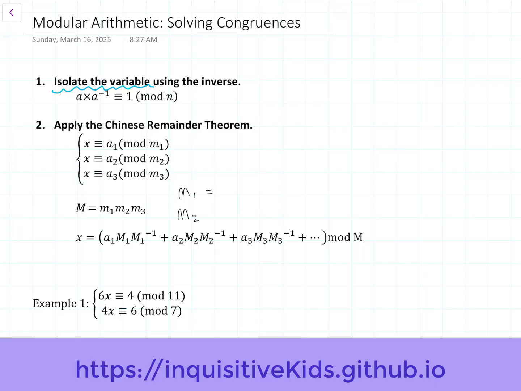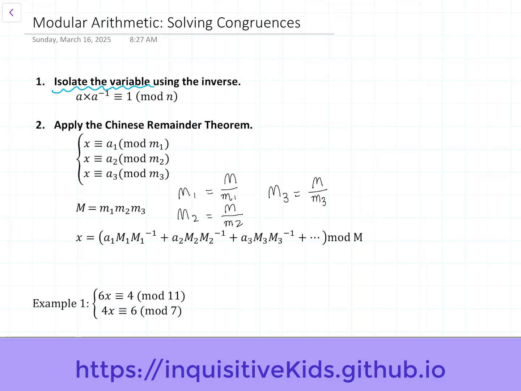Big M1 is equal to big M divided by small m1. Big M2 is equal to big M divided by small m2. And big M3 is equal to big M divided by small m3. Now we use these values to plug into the formula.